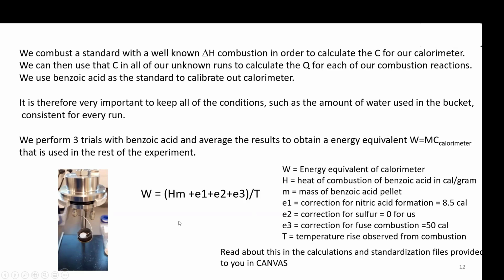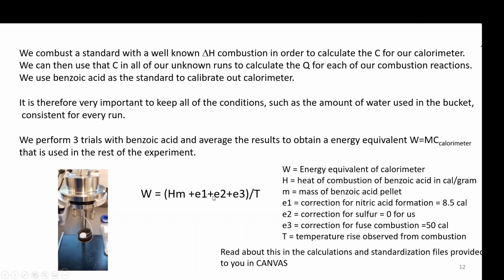The calculation handout is on Canvas, and also the standardization files together with other combustion data are on Canvas. So you'll be provided the mass of the benzoic acid, and you will need to look up the heat of combustion of benzoic acid in literature. So that's H. You need to figure out H in literature, and then you'll be given M as a measurement.